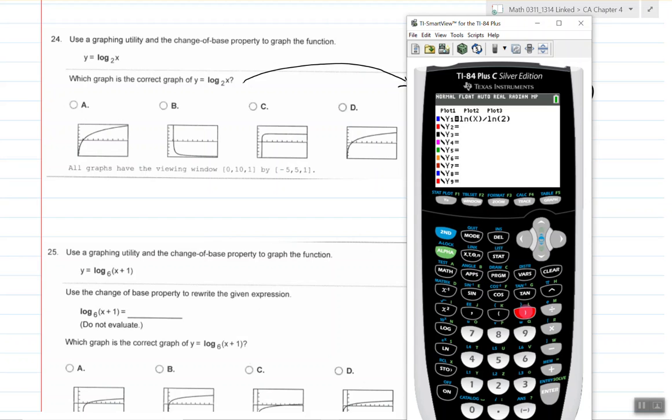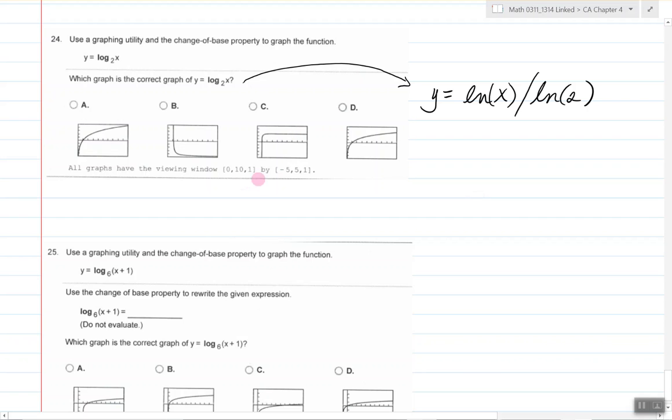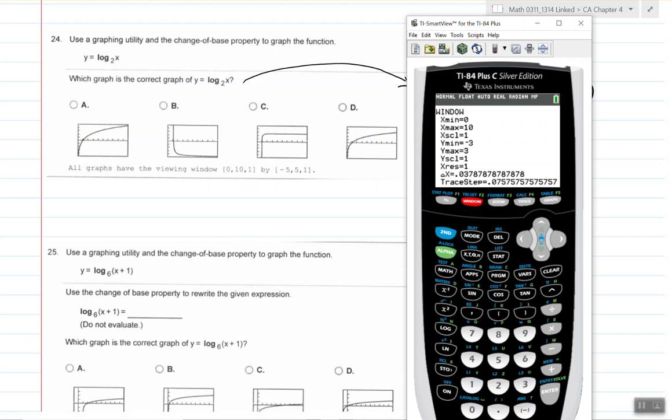I'm going to look at these windows, okay, because I want my graph to match. 0 to 10 in the x's, got it. But the y's are a little different. So for the y's, it's negative 5 to 5. All right, look at the graph.